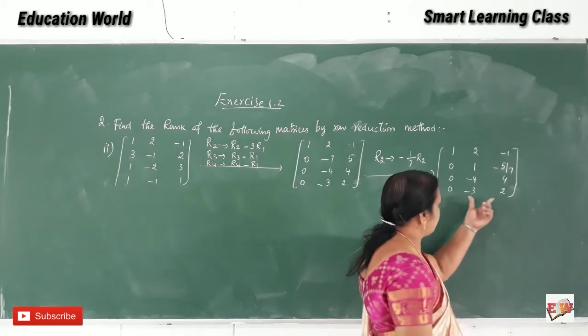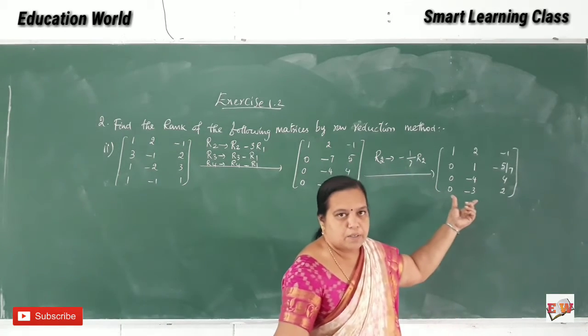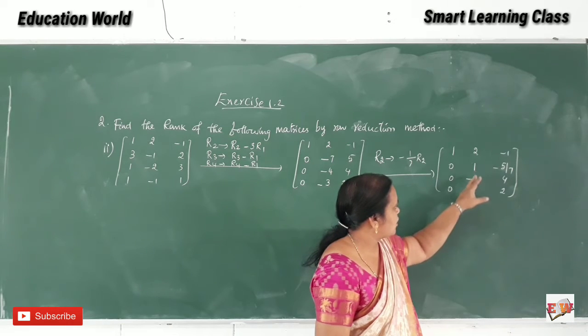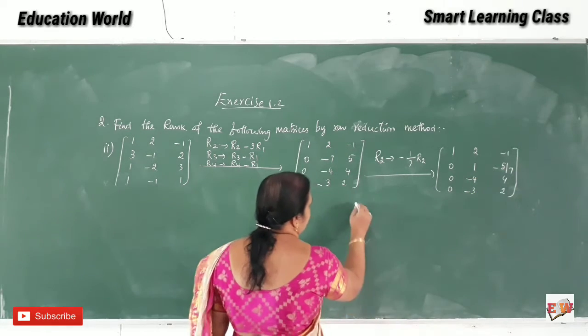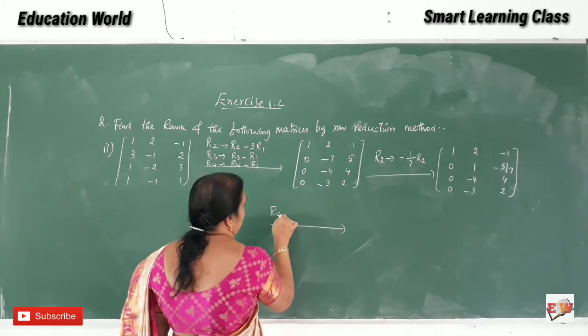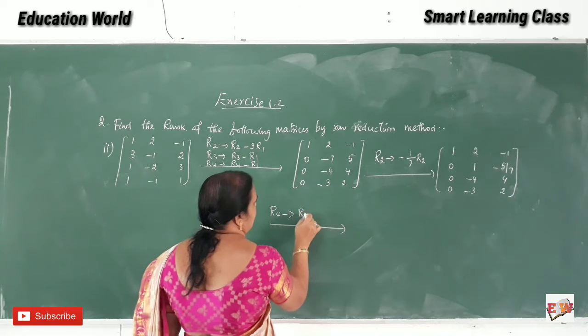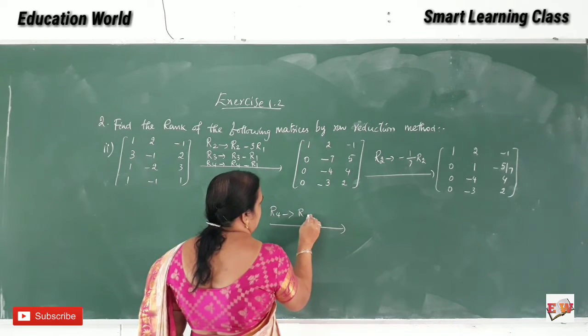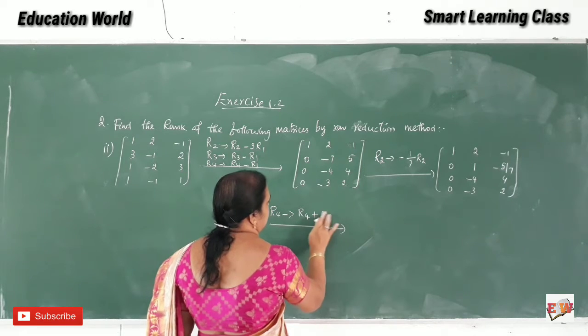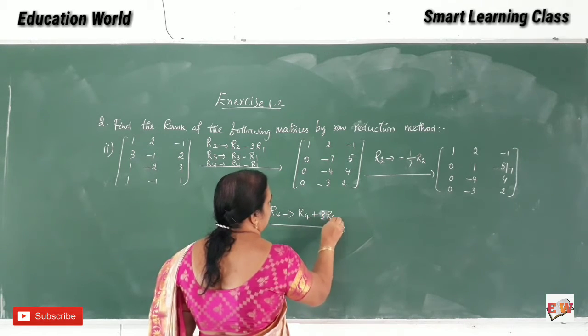What is our main aim? We have to bring these two entries to 0 now. Suppose if I am going to take this R2 and R4, I am going to change this. R4 is equal to R4 plus 3R2.